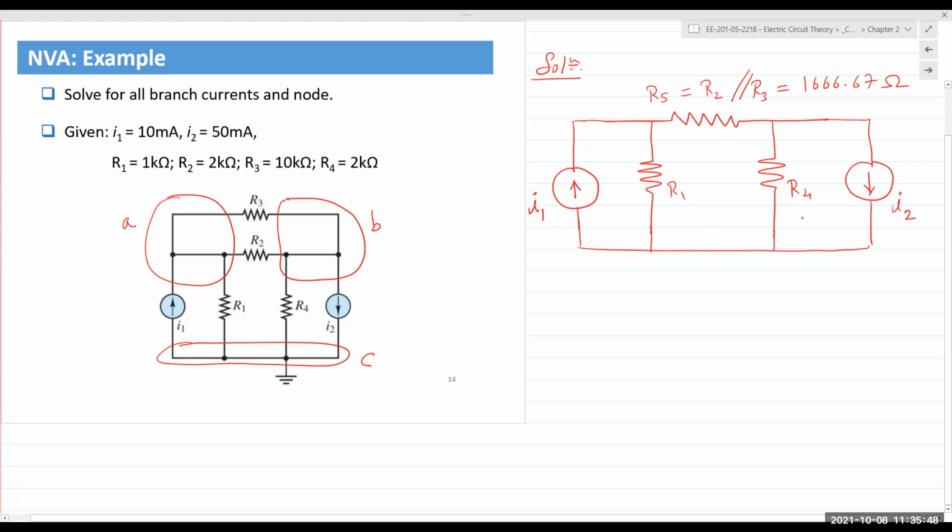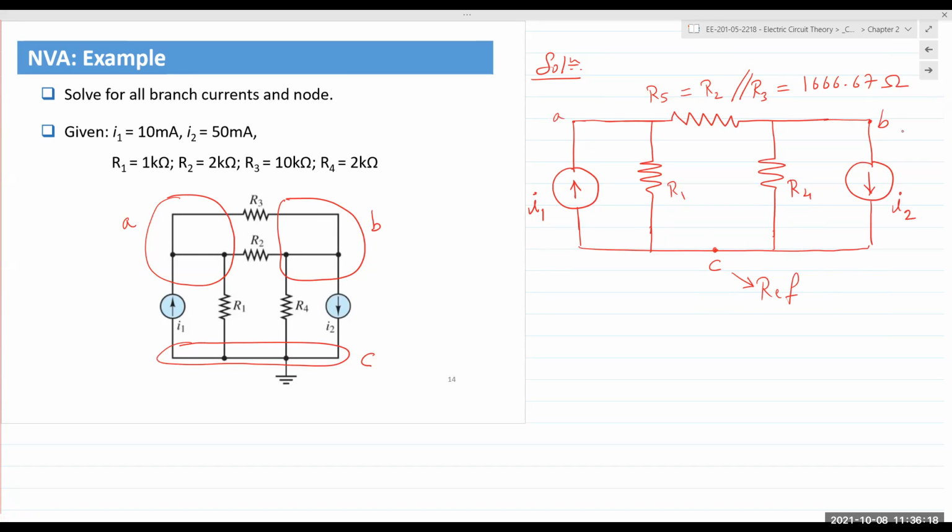Next step is to choose reference. I'm going to choose the bottom node C as my reference. So I'm going to call the C as my reference node. A, of course, is up here, and B is around there. So far, so good.